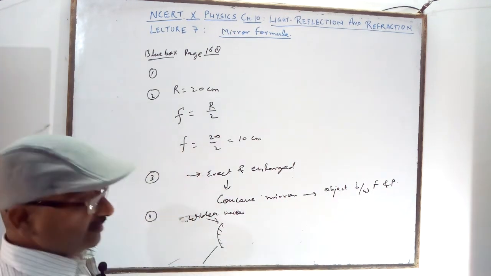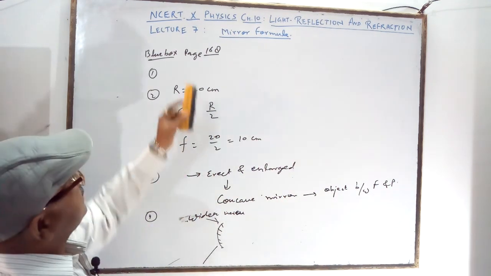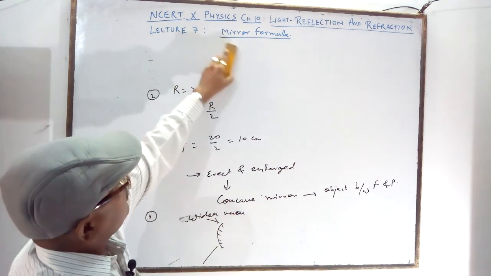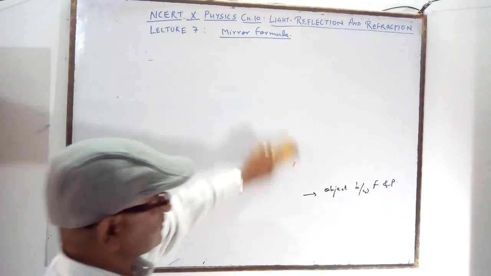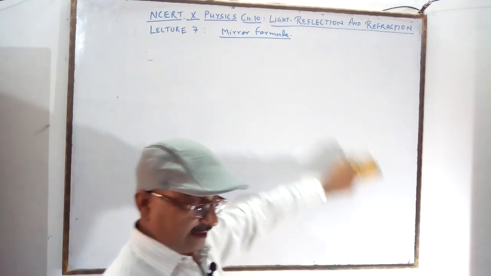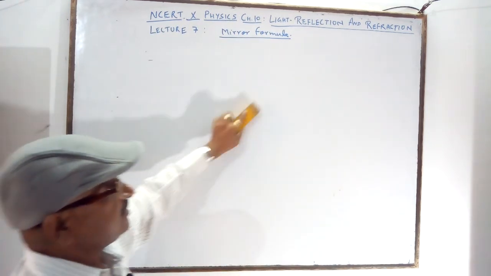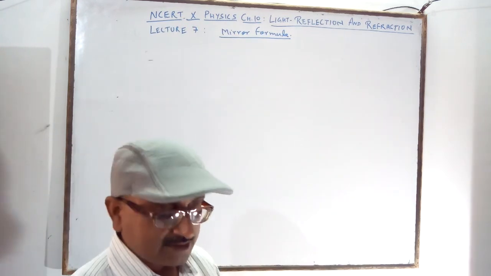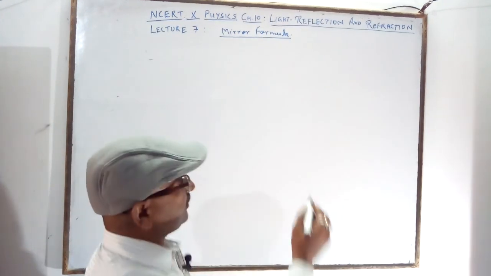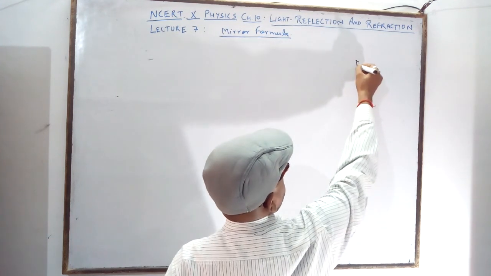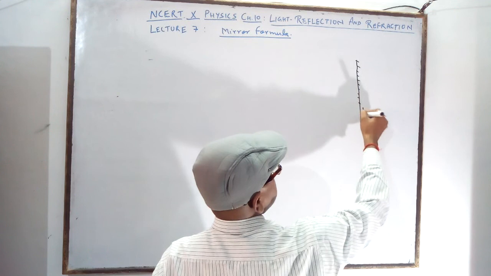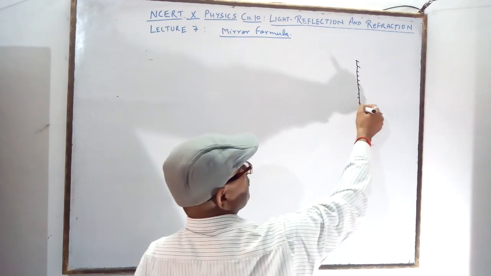So that's all for page number 168 of NCERT. Now we'll see the sign convention of the spherical mirror that I told you about in the previous lecture. Very simple. Take a very large mirror, whether concave or convex.